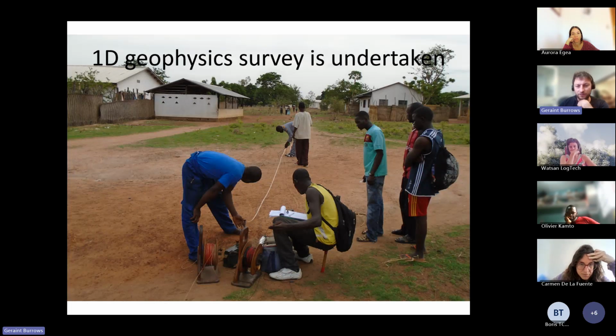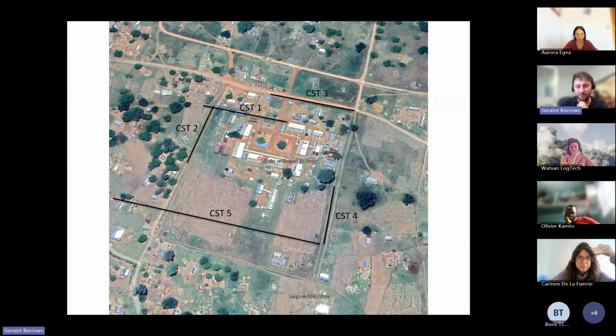So 1D geophysical survey work was undertaken with a Schlumberger array, and the profiles were carried out basically all around the perimeter of the hospital.